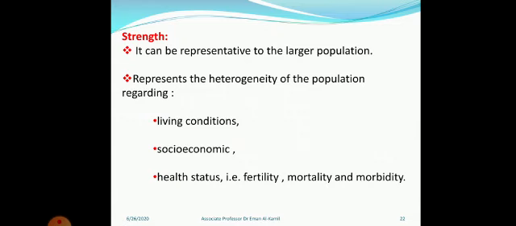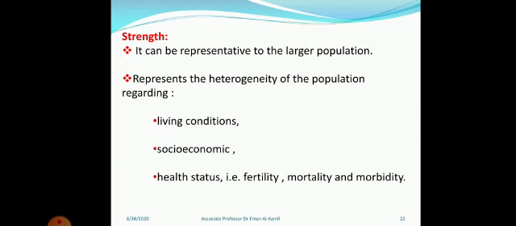It is important that the health survey or household survey can be representative of a larger number of the population, especially if we have an appropriate sampling procedure and a proper sample size.